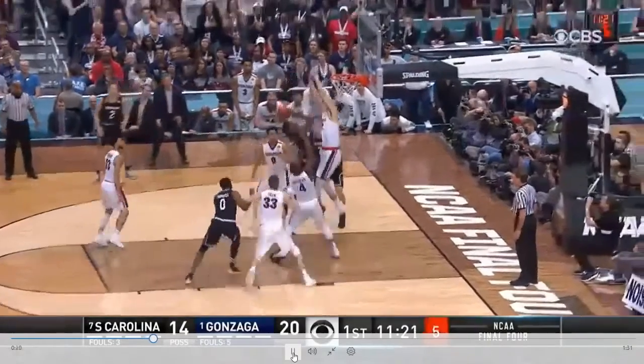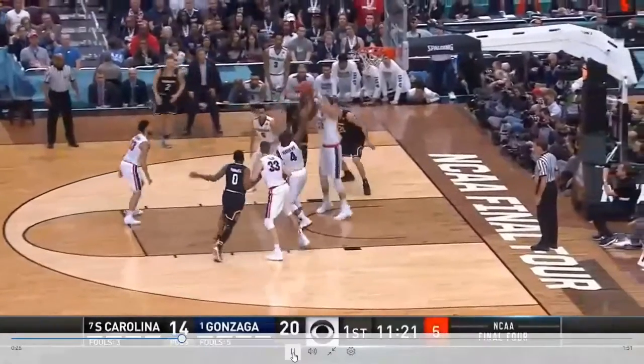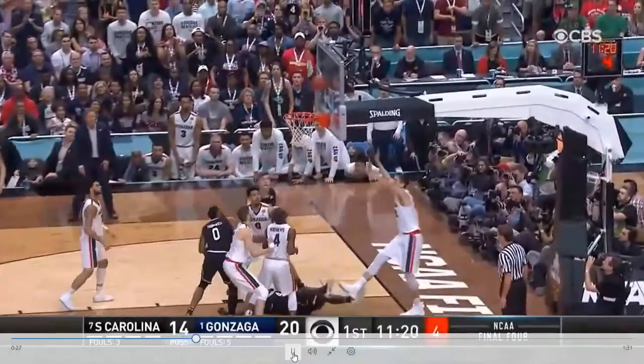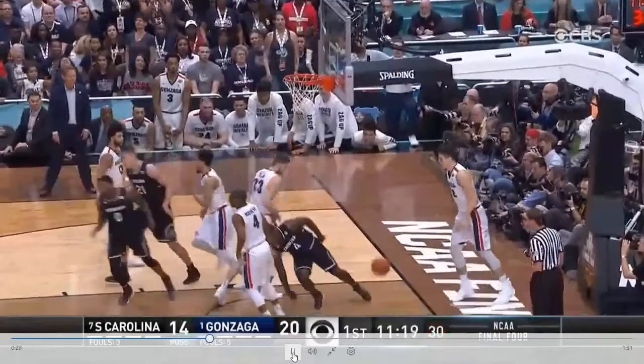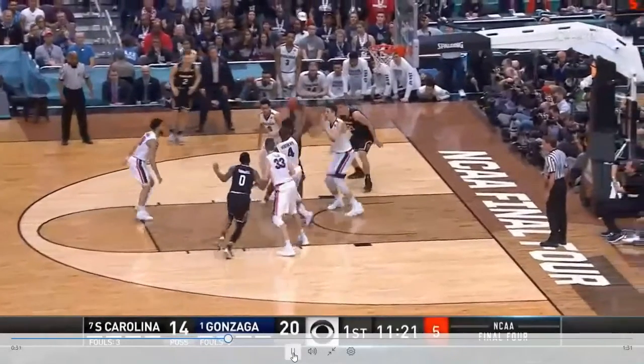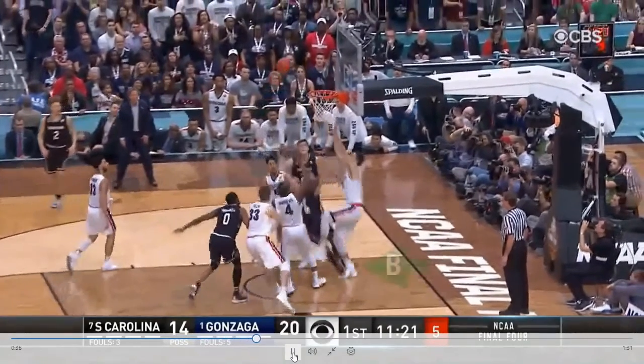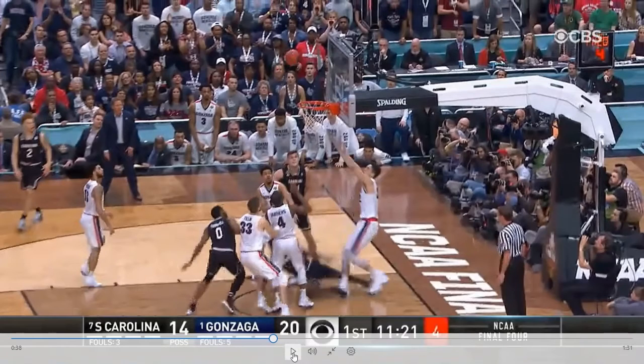Similar play. Again, help side defender. And here, the help side defender goes from A to B, but they go from A to B backwards, right? So they jump straight up in the air, position A. Any contact that moves them to another spot is, again, caused by the offense. Lands straight backwards.